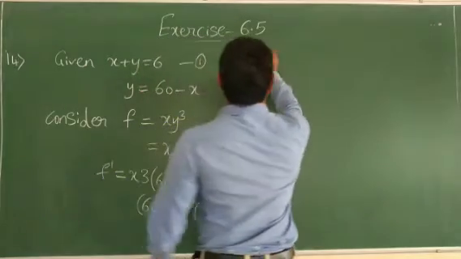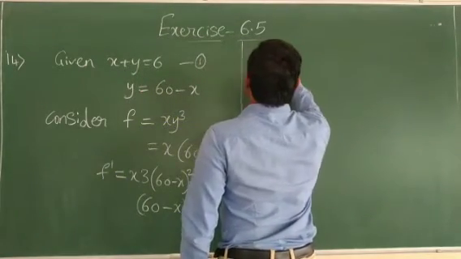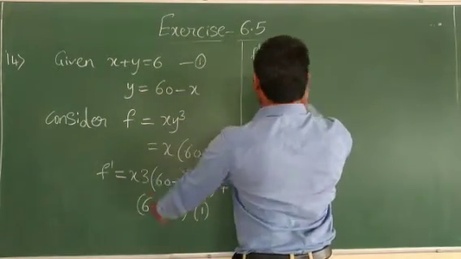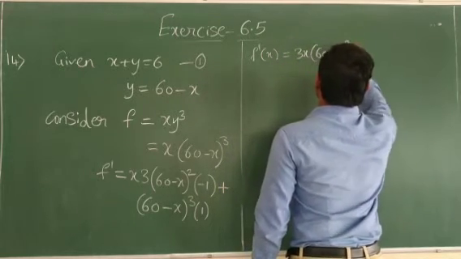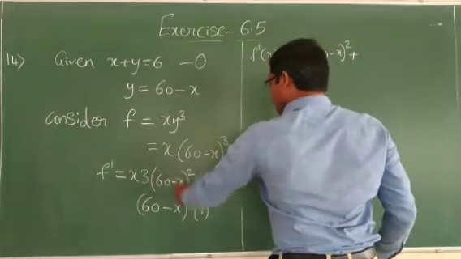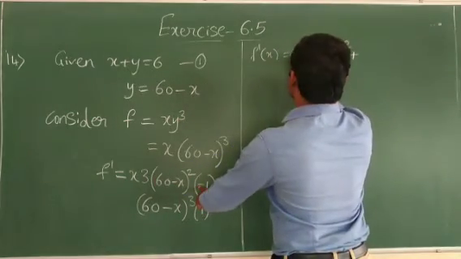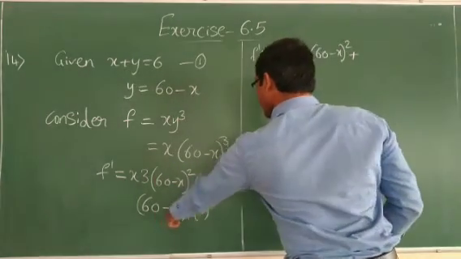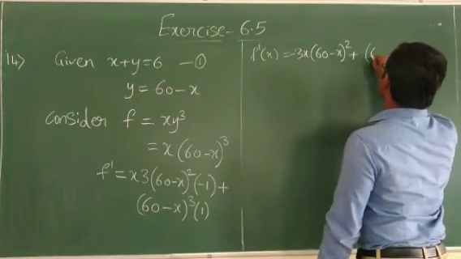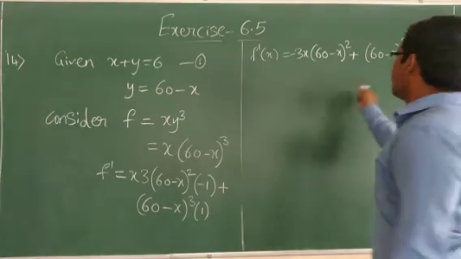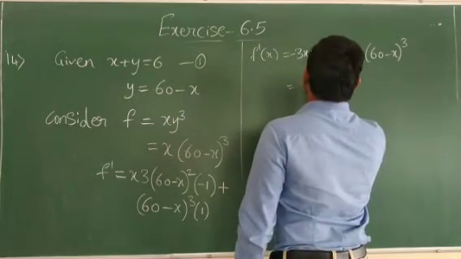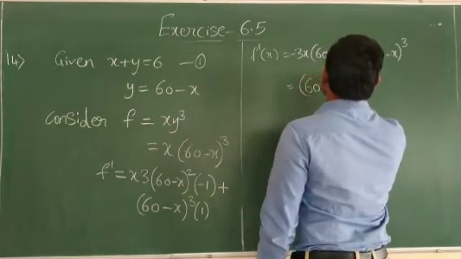So what we get here, f dash of x is equal to 3x into 60 minus x whole square. Sorry, here you have minus, so we take minus, then 60 minus x whole cube. From both we can take 60 minus x whole square common.